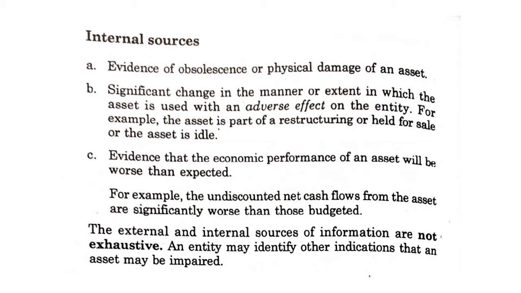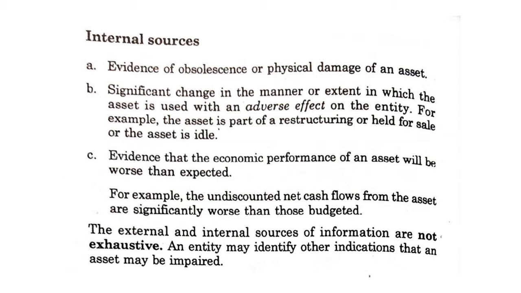Kapag held for sale, yung bibenta na siya, i-consider natin kung impaired ba to. Kasi mamaya ibenta natin siya at a price kung anong nasa book natin, yun pala, iba na yung value. And idle kapag hindi ginagamit. So, idle siya for 2 years kasi ng 1 year kasi ng pandemic.